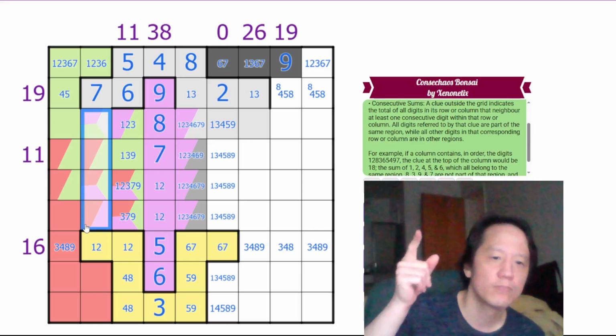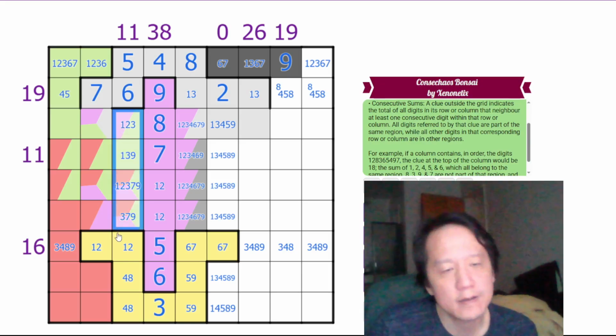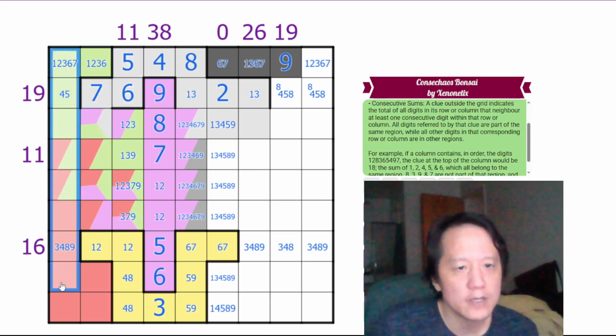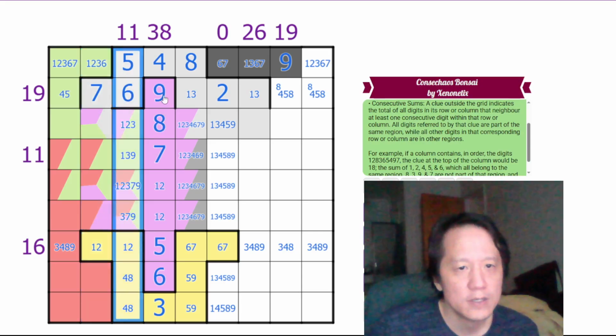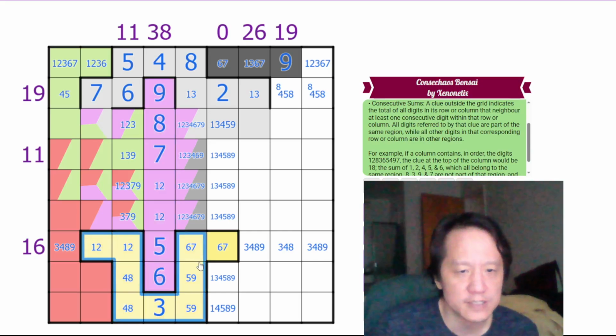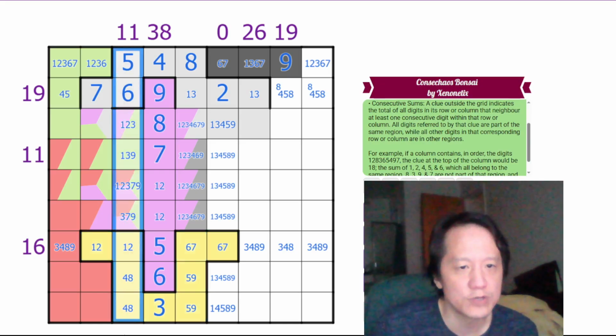Ah, we need a 9. A 9 has to be in column. We have 3 9s in column 1, 2, and 3. The pink already has its 9. The yellow already has its 9, and they're not in the first 3 columns.